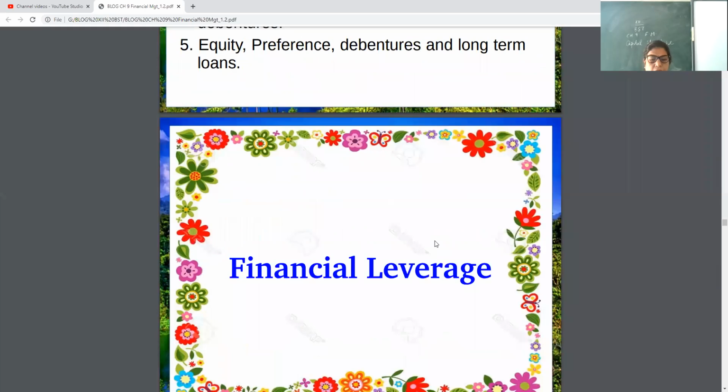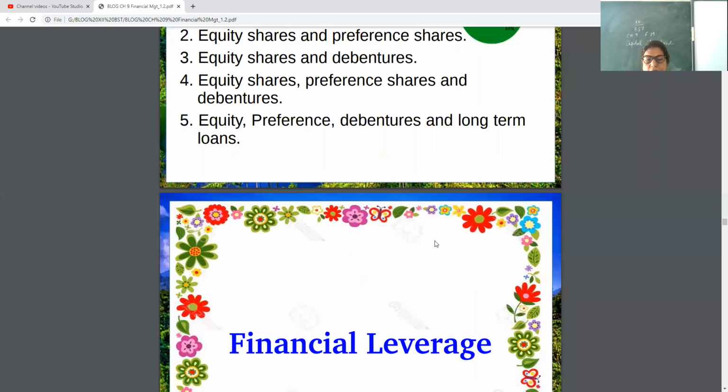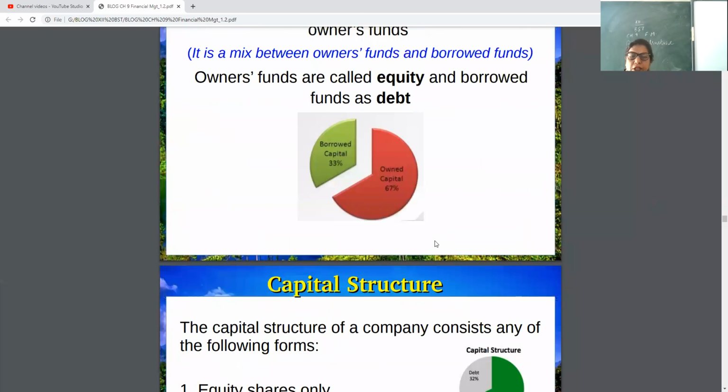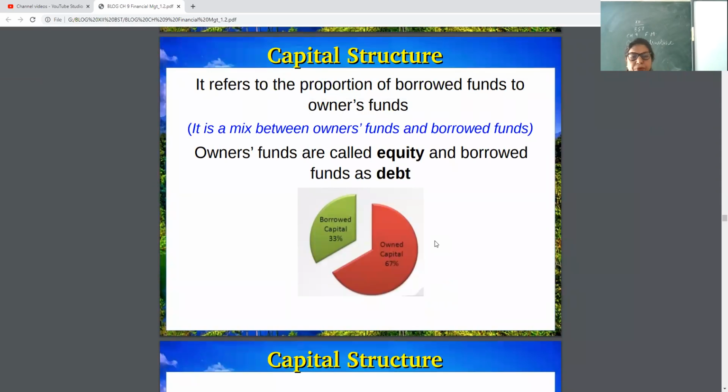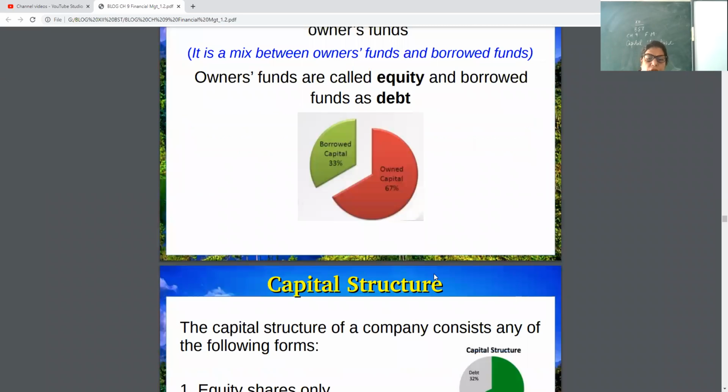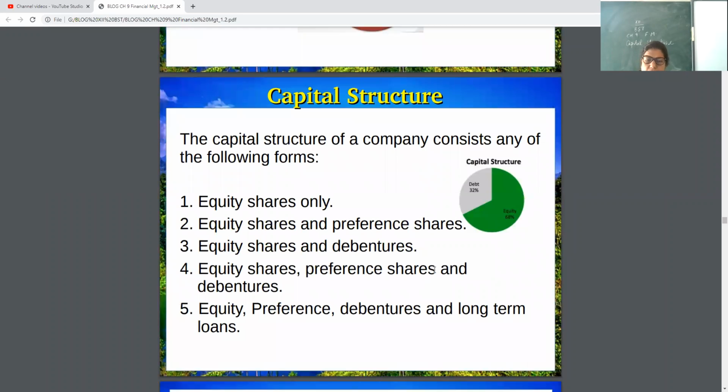Now, financial leverage. In this topic, you will get many new terms. Capital structure is the proportion, or capital structure consists of any form of this. Maybe only equity share, maybe equity share and preference shares. Equity means own sources. Equity and debenture means own and borrowed.